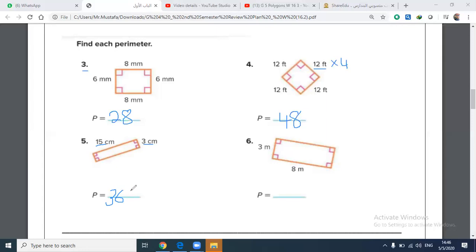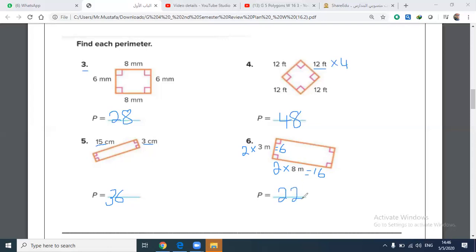Okay, excellent, Muhammad. Next one, number 6. I have also a rectangle. I can find its perimeter by multiplying the length by 2, that will be 16, and its width also multiplied by 2, it will be 6, and then find the sum. 16 plus 6 equals 22.